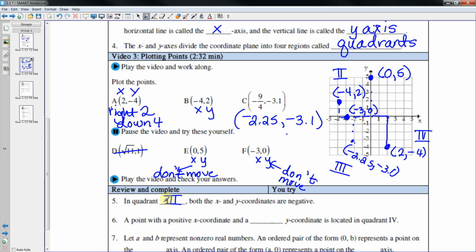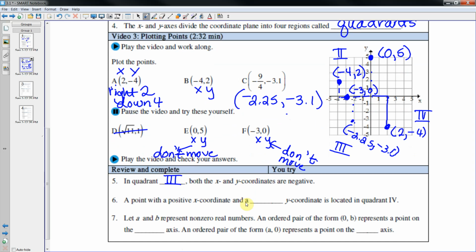So anytime you have two negatives for your x and y coordinates, you should be plotting it somewhere in quadrant 3.